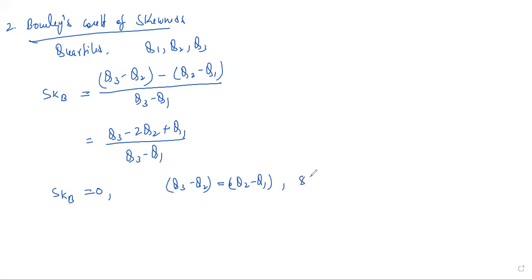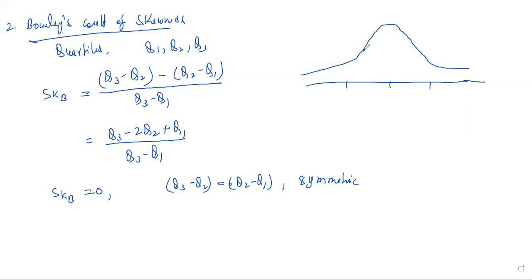It means our data is symmetric. See, this is a line. Suppose that this is a bell shape or normal shape. When SKB is greater than 0, it means Q3 minus Q2 is greater than Q2 minus Q1. It means this is Q1, this is Q2, and this is Q3.